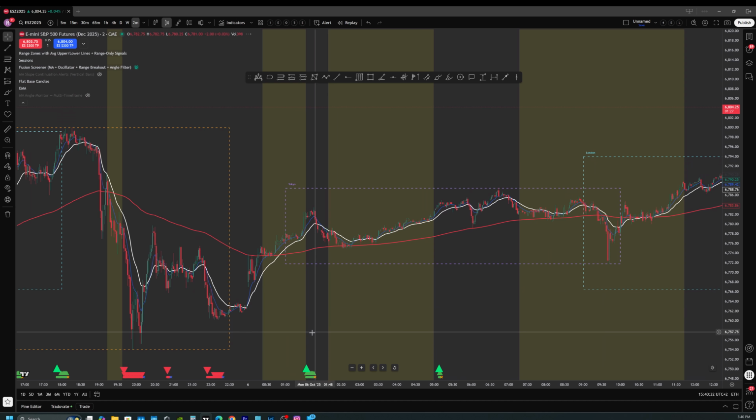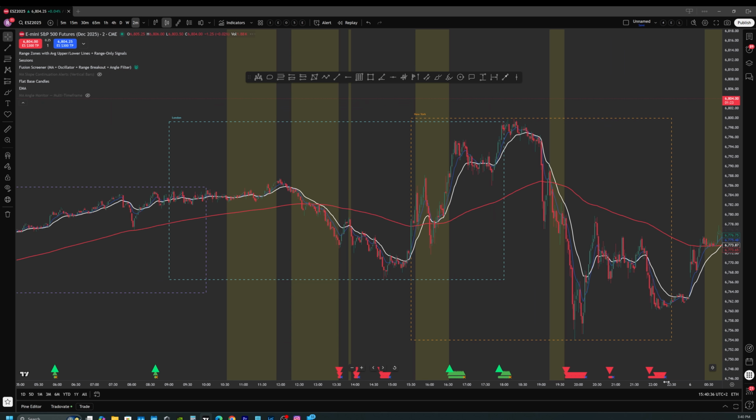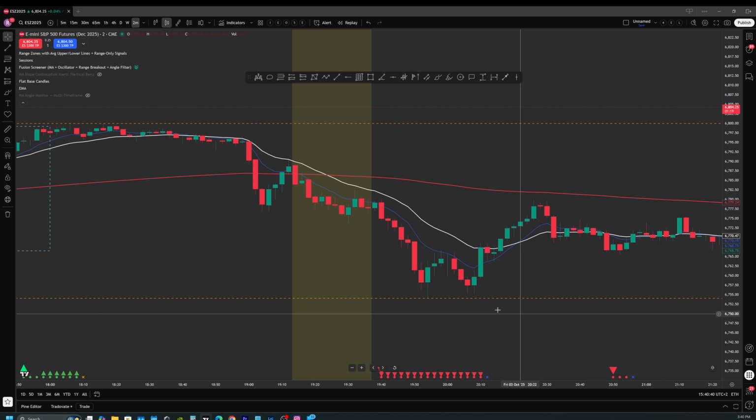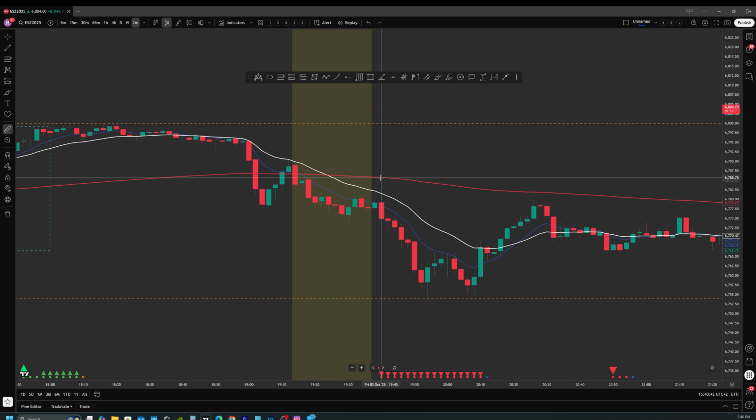You're not going to get a lot of signals with the settings that I have on right now. I want the absolute best signals, like these ones. See, sell over here, boom. How many points? 20 points on ES.